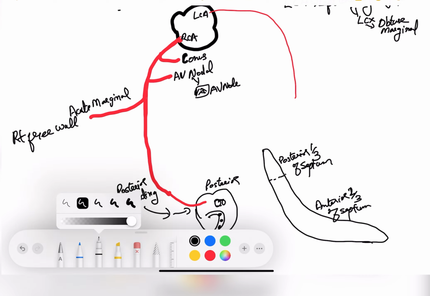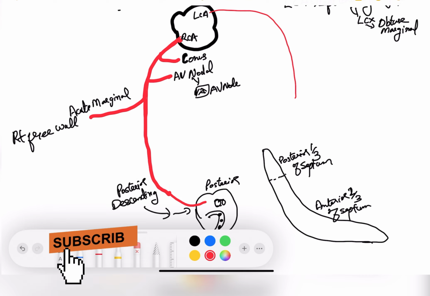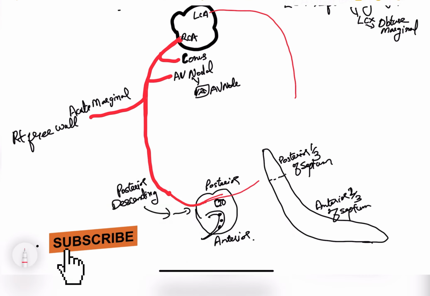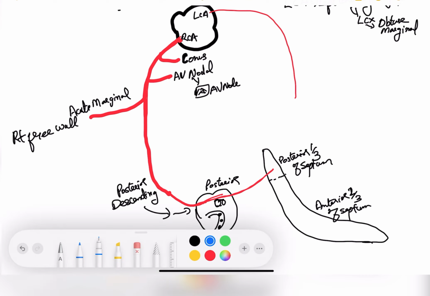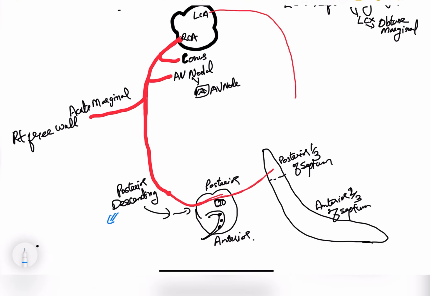So we are writing it on the right side for easy remembrance. As mentioned before, posterior descending supplies the posterior wall and also the posterior one third of the septum.